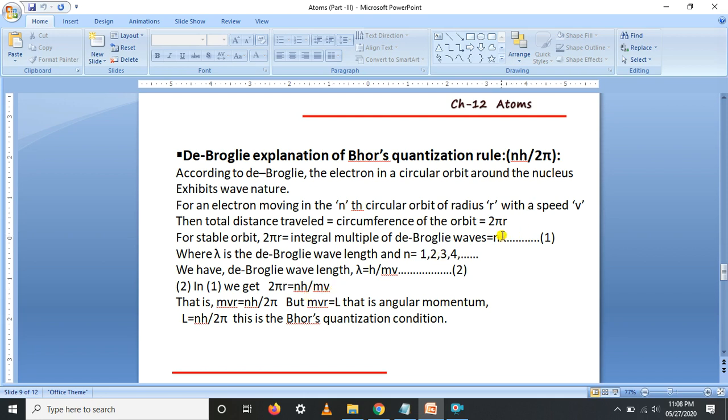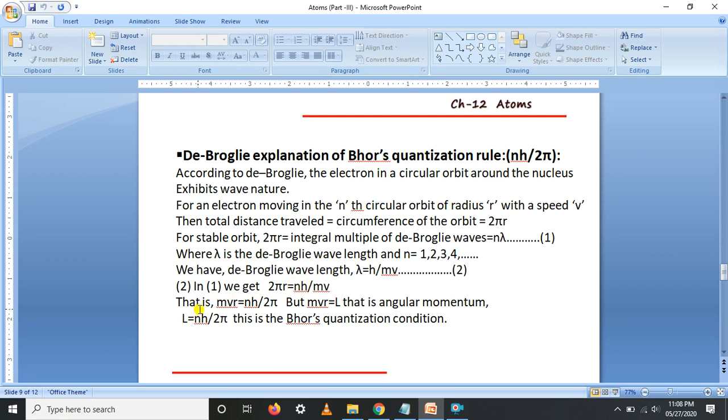In equation number 1, you put the λ value as h by mv. So 2πr is equal to nh divided by mv. Take mv to this side and 2π to the right-hand side.